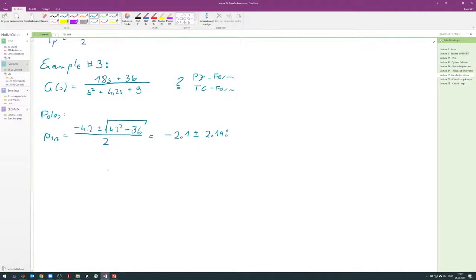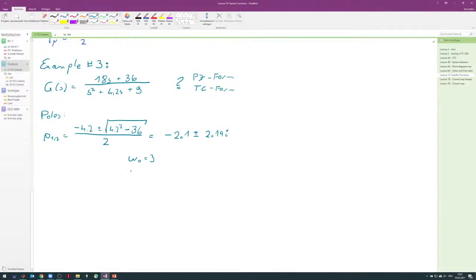We said if a system is oscillating, it's often better to compute not the poles, but the damping and the eigenfrequency. Okay, and the eigenfrequency here, omega 0, is equal to 3, which is just the square root of this guy.